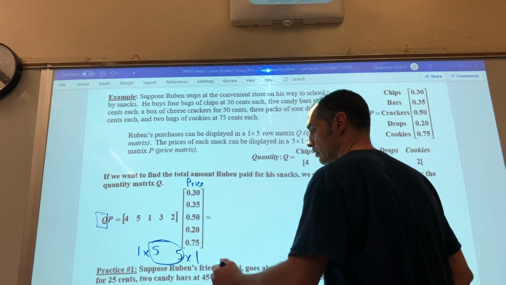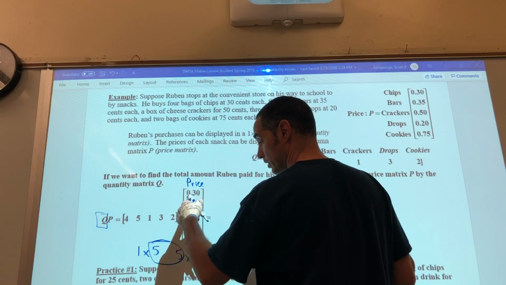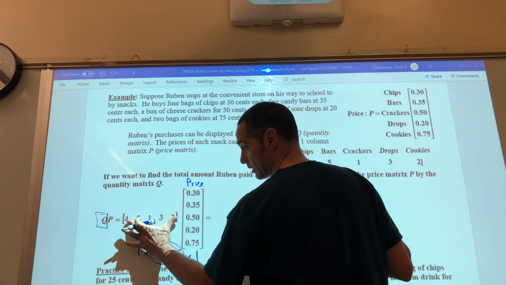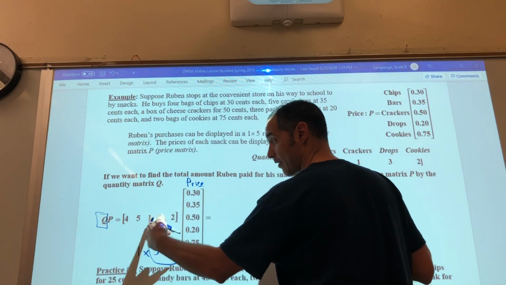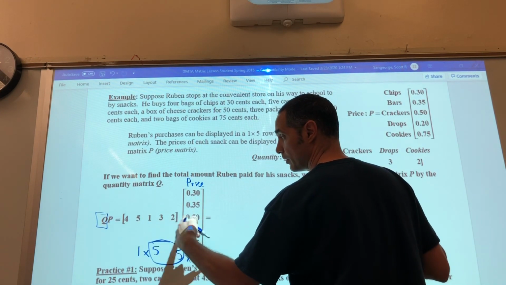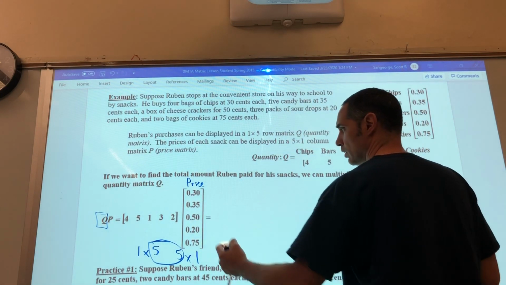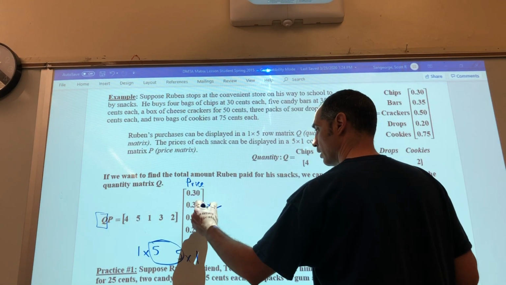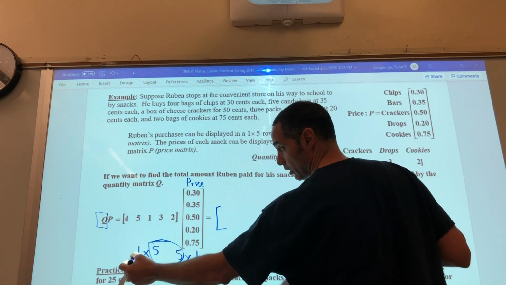What we need to do is multiply each element in this row times each element in this column. If you think about it, take this row and place it on top of this column. So 4 matches with 30, 5 with 35, 1 with 50, 3 with 20, and 2 with 75. We're multiplying to get a 1 by 1 matrix.